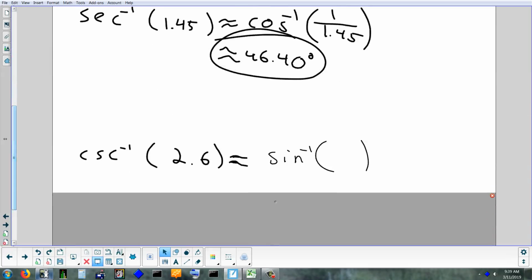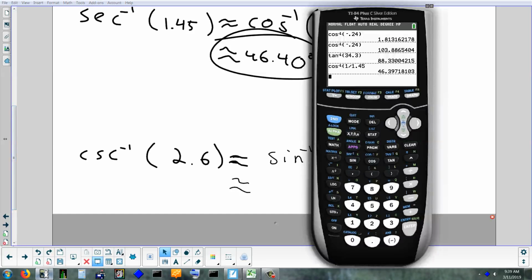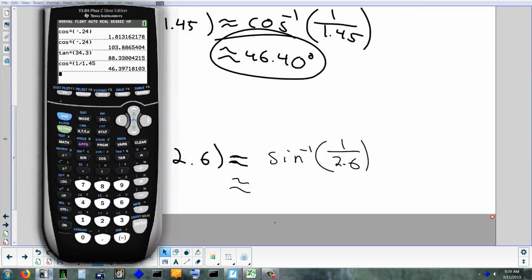So I switch the trig function, and now what number goes in the parentheses? 1 over 2.6. Yep. Okay, so let's see what we get. Inverse sine of 1 over 2.6. Anybody with a calculator tell me what you got first. We'll see if you did it right. Yep, 22.